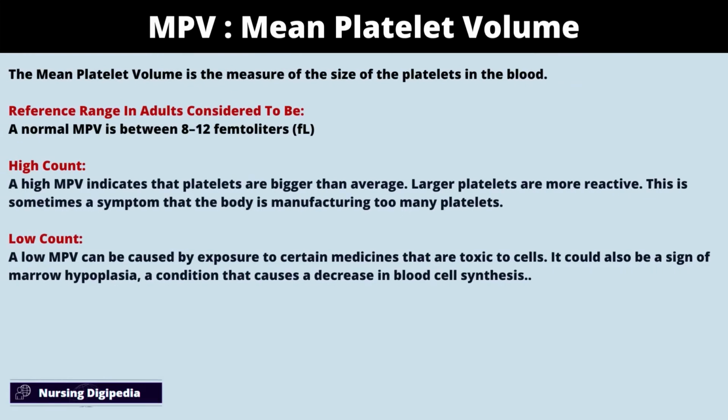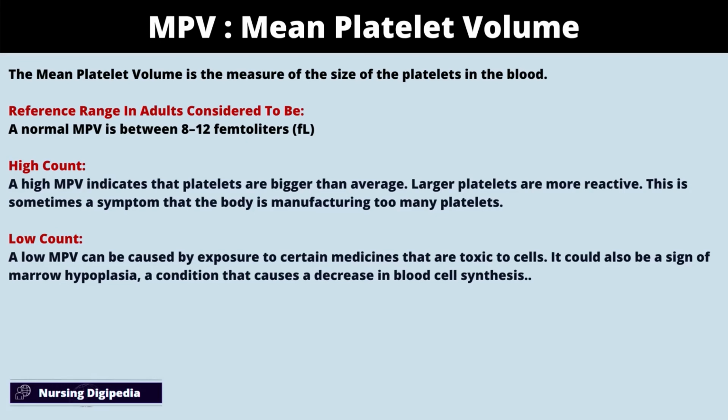MPV stands for mean platelet volume. It is the measure of the size of the platelets in the blood. Normal range in adults is considered to be 8 to 12 femtoliters. A high MPV indicates that platelets are bigger than average. Larger platelets are more reactive.